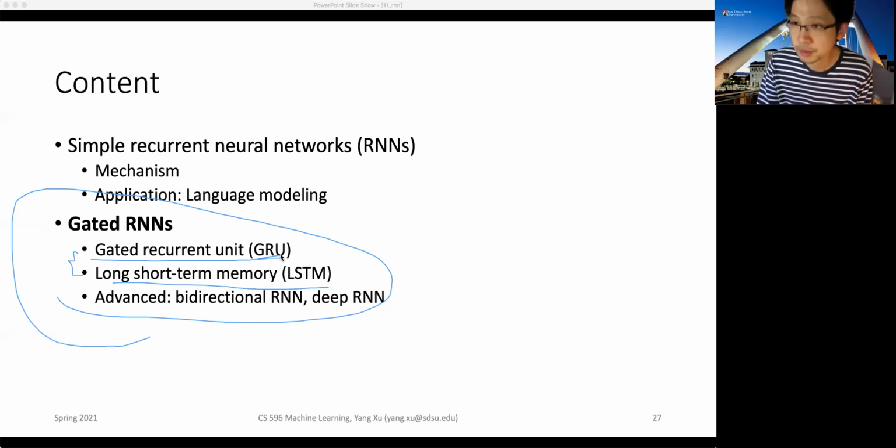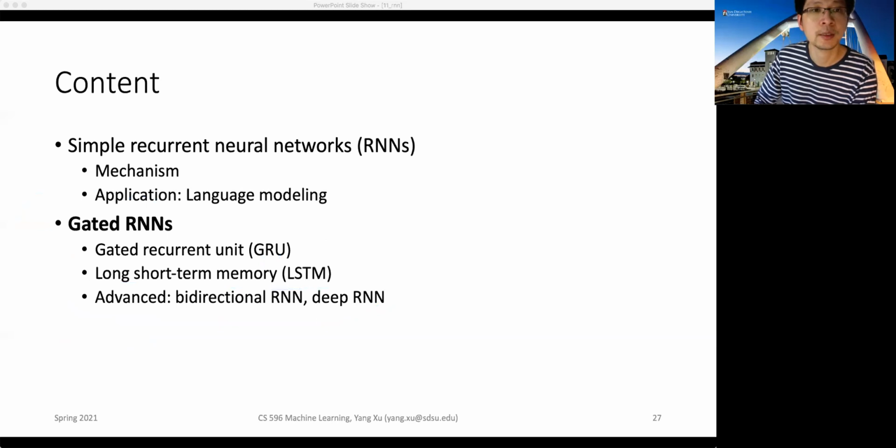I can also give some examples of how recurrent neural networks can be used in PyTorch. Okay, that's it for the lecture today. If you have any questions, you can let me know.